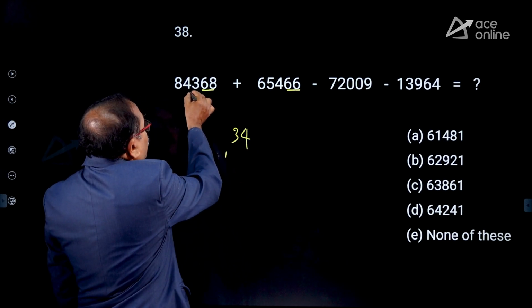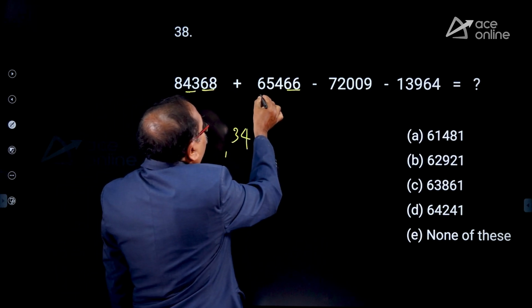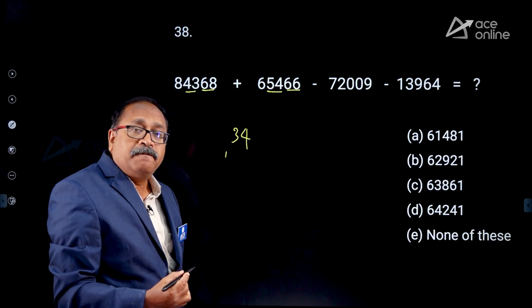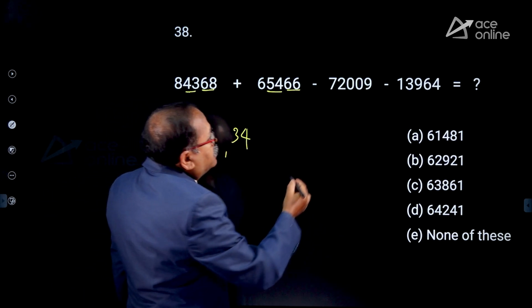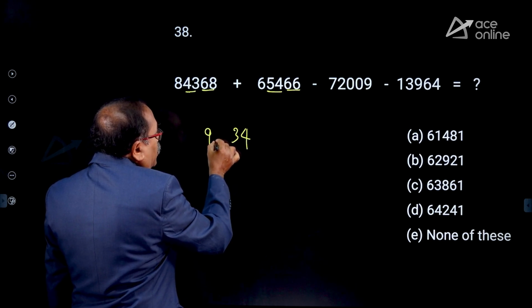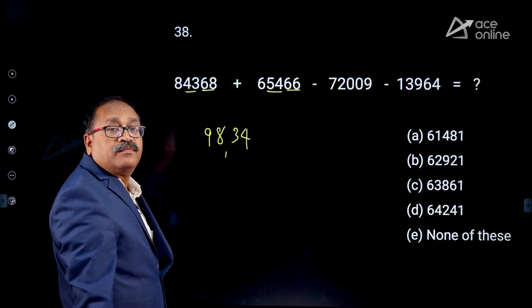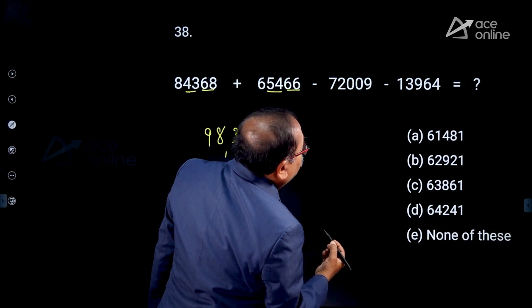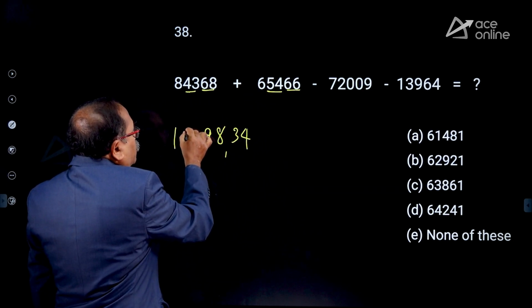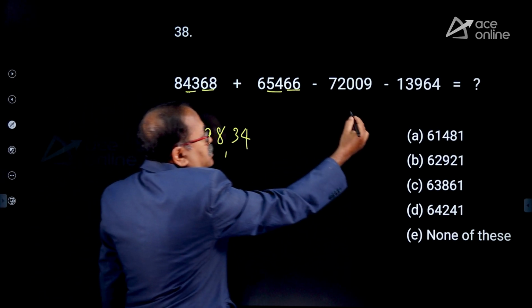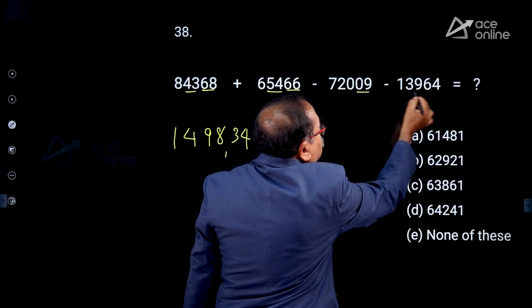The next one, I will add these 2 digits at a time. 43 plus 50 is 93 plus 4, 97, and 97 and 1 8 is 98. Write down this 98. And then the last one, 8 plus 6 is 14. So we got this part. Similarly, for the subtraction, I will add 2 digits at a time.